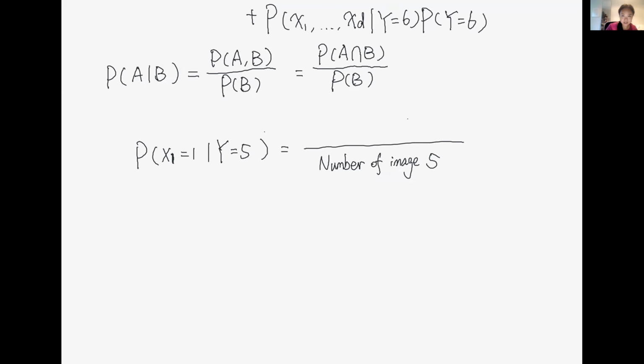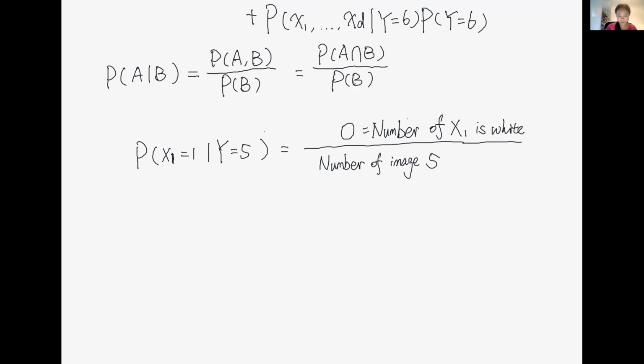So in this case, if we think about the image we just saw, the first pixel, let's say the top left, they are almost all of them black, which means none of them has the first pixel white.